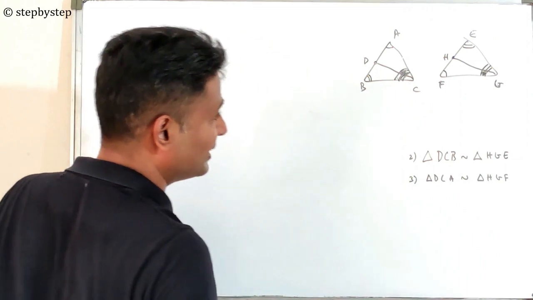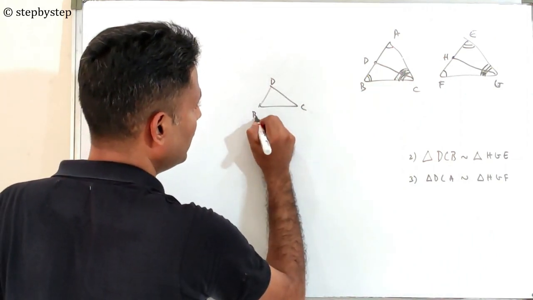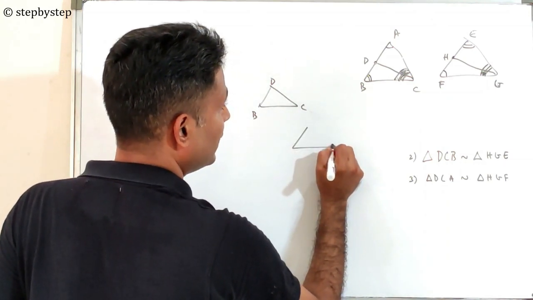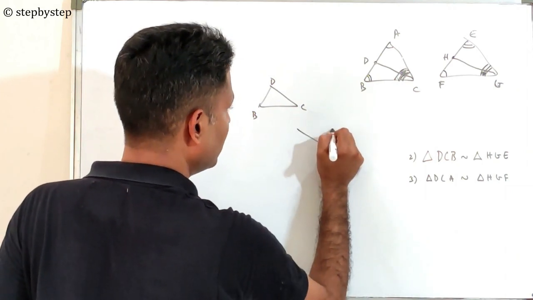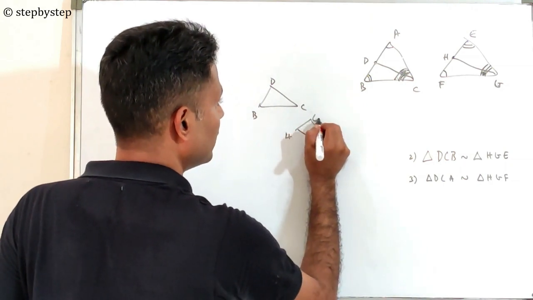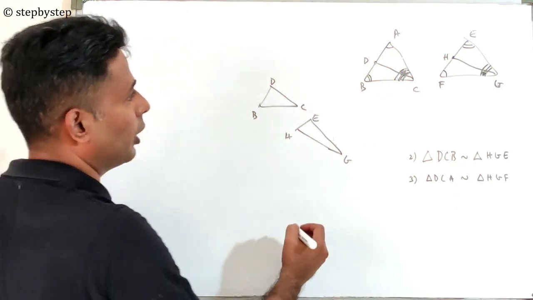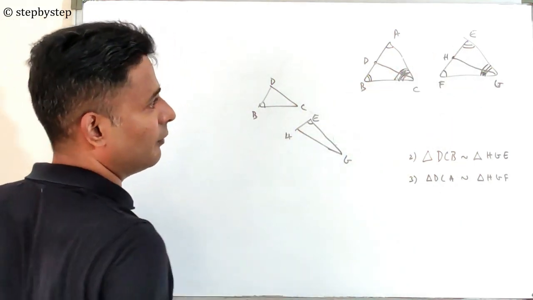Now the second thing they have asked us is to prove that triangle DCB is similar to triangle HGE. So these two we have to prove are similar. Now we already have angle B equal to angle E, one thing we have.